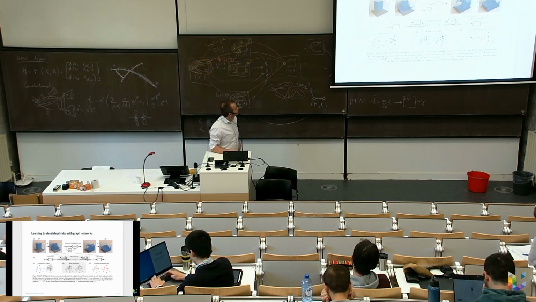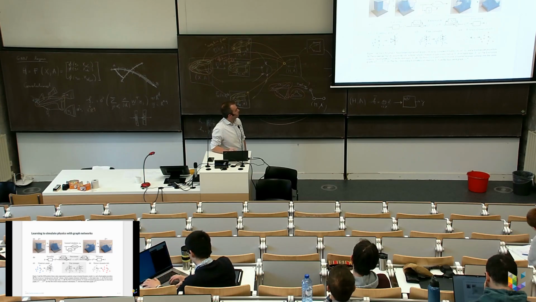So the idea is to say, I have a graph of particles, which you see there, and I will use a GNN to simulate the evolution of these particles. This is what we call particle-based simulators, except that now this particle-based simulator will be implemented as a graph neural network. And it goes in 3 steps.